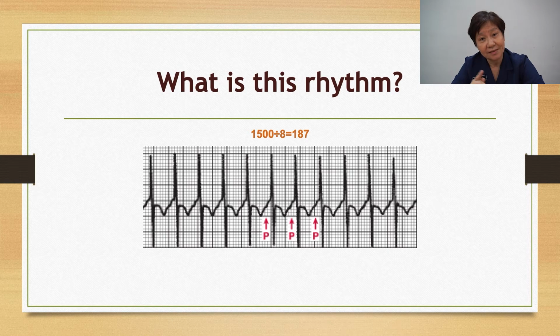So you can see the tiny upright P wave over there at the rate of 187, whereby your QRS is narrow, very, very narrow. This shows you the pacemaker comes from your atrium, nearby your SA node. So this is what we call atrial tachy.